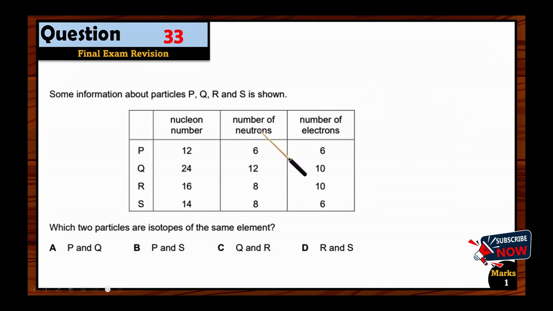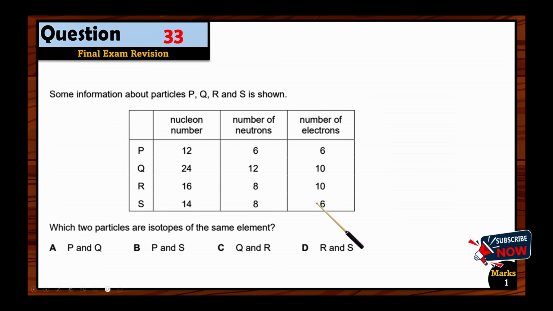We already know that proton plus neutron is equal to nucleon number. So if you do 12 minus 6, your answer should be 6. So it has 6 protons, and 6 protons is also equal to 6 electrons. That means P is right. Let's see for S now. 14 minus 8. What will you get? 6.